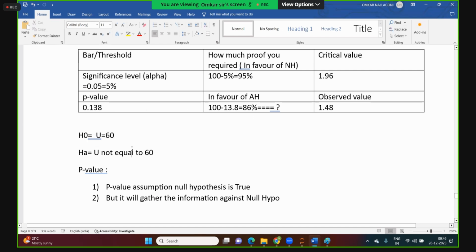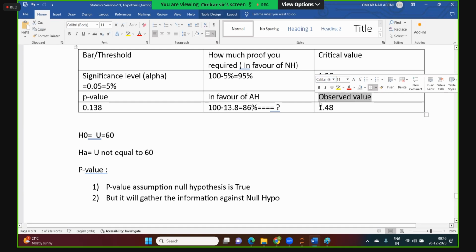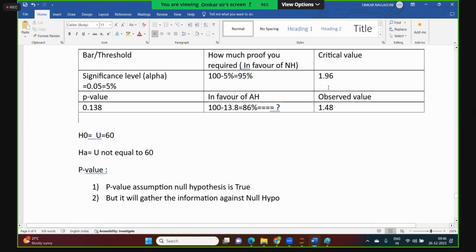From the rejection, not rejection area. First we will get the observed value. Then we will check in the area where this point is falling.